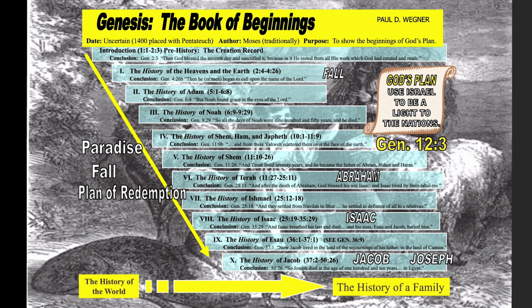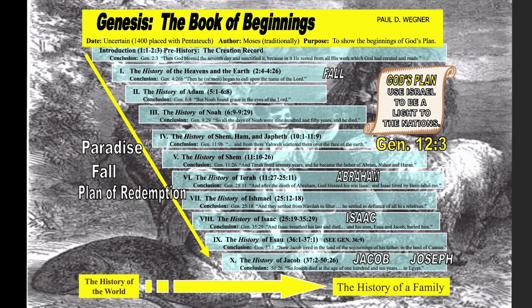I like it. Well, let's talk about the structure a little bit. Here's what I wanted to show you. I use the word history for each one of them, so you can actually see it. I put chapter 1 through 2:3 as an introduction to the book. Remember, it ends with God resting on the seventh day.